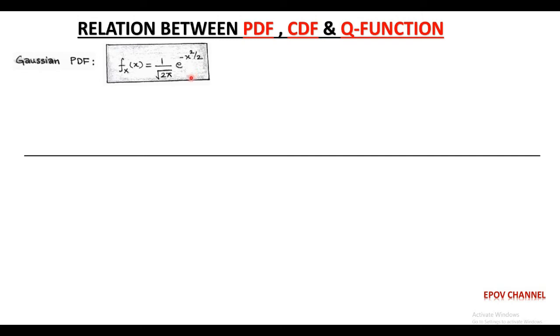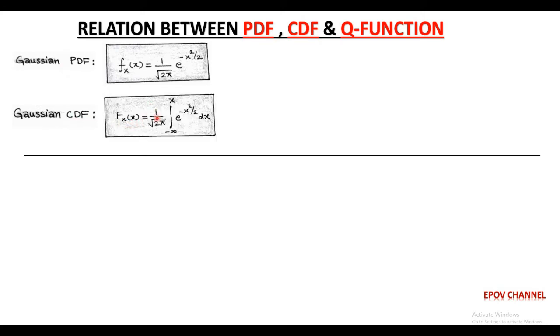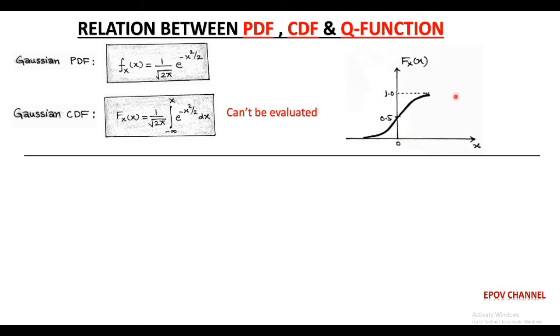So, using the Gaussian PDF, the Gaussian CDF is evaluated, that is capital F of x equals 1 upon square root of 2 pi integration of e to the power minus x square by 2 into dx. Here we take a limit from minus infinity to x. But this integration cannot be evaluated as we get no finite result, that is shown in the figure.